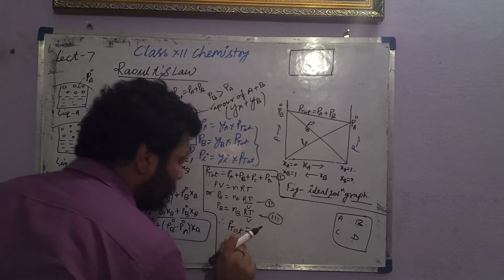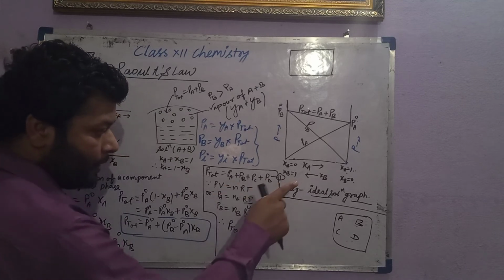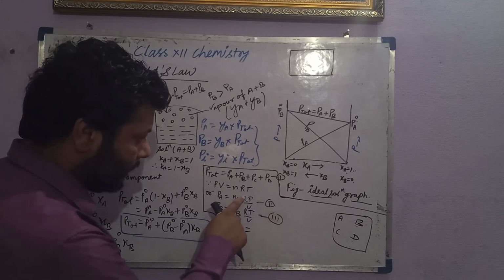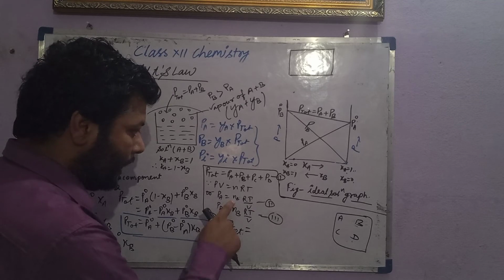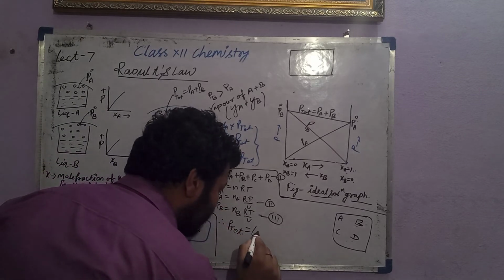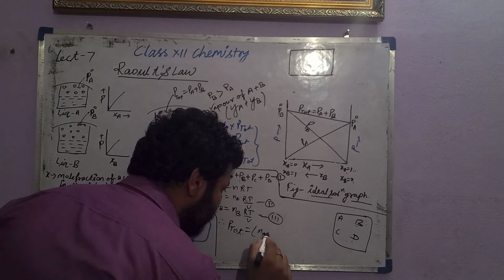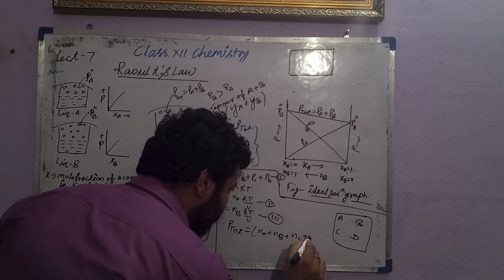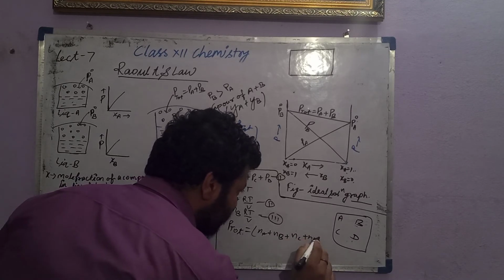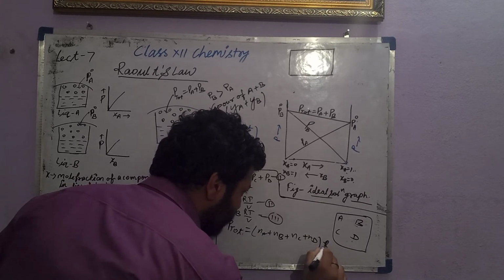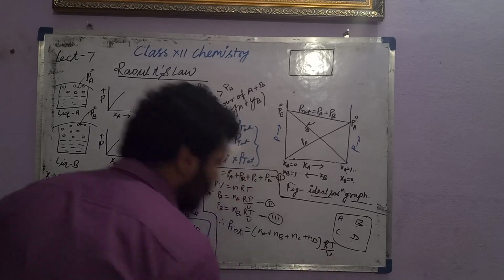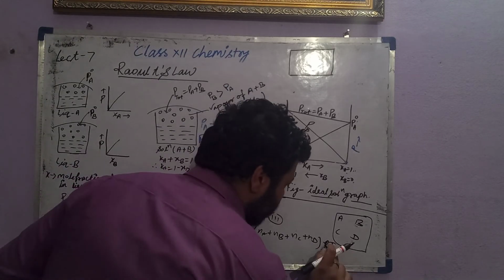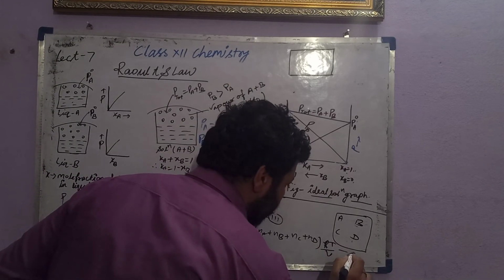P total equal to, so RT by V will be common now, because all have RT by V, and there will be Na plus Nb plus Nc plus Nd, RT by V. Suppose this is equation number 4.